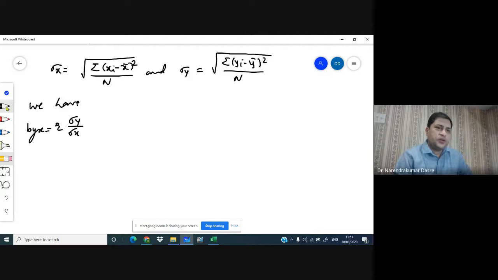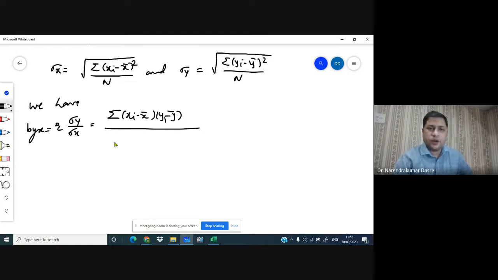Now what we'll be having, see this r, so r is summation xi minus x bar yi minus y bar upon square root of summation xi minus x bar square into square root of summation yi minus y bar square.